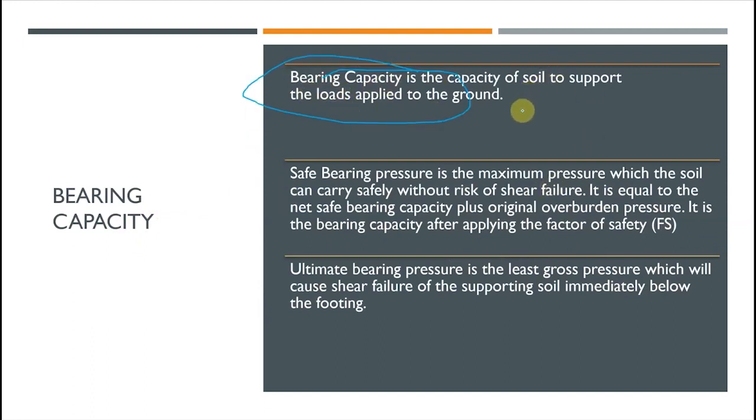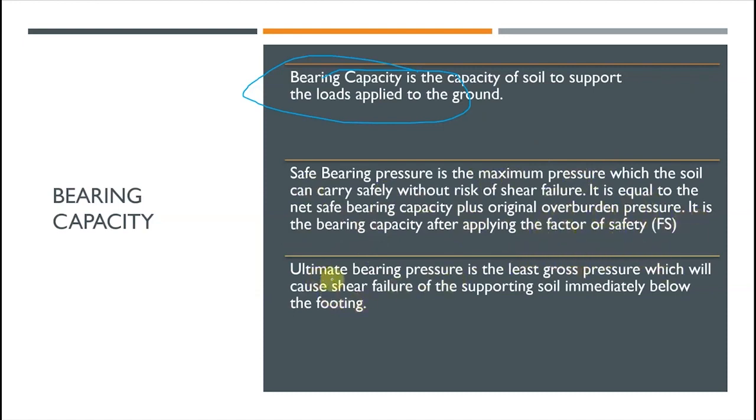Sebab itu adalah bearing capacity yang tanah tu boleh carry to the maximum. But bila kita design anything, we must consider putting some additional factor of safety so that kita allow some values plus minus to make sure that it is entirely safe. So that's why ada safe bearing pressure, which also considers the factor of safety.